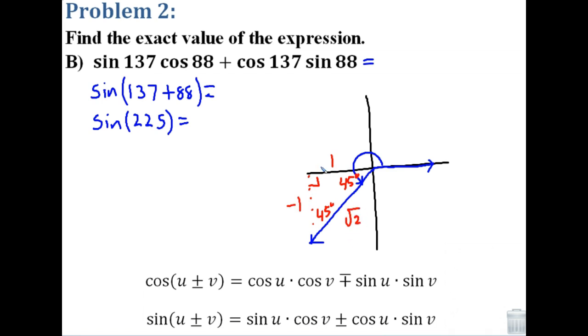Both the opposite and adjacent are negative in this case. And we can say our sine ratio is equal to the opposite, negative 1, over the hypotenuse, square root 2. Which, if we rationalize, we end up with a negative root 2 over 2.